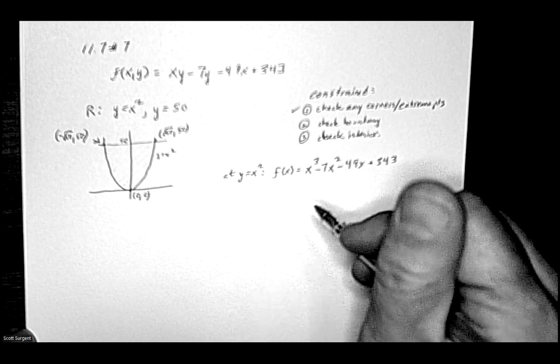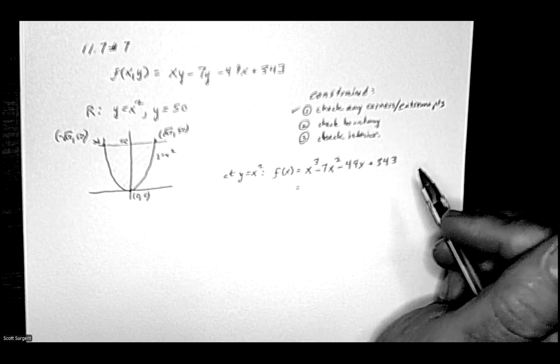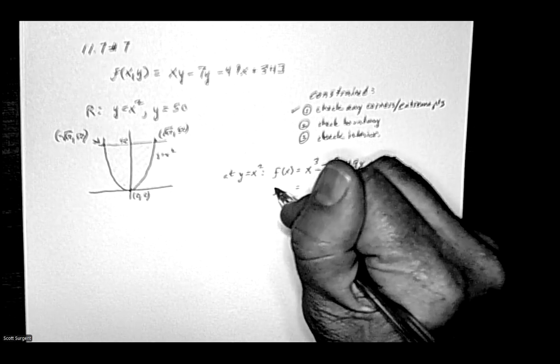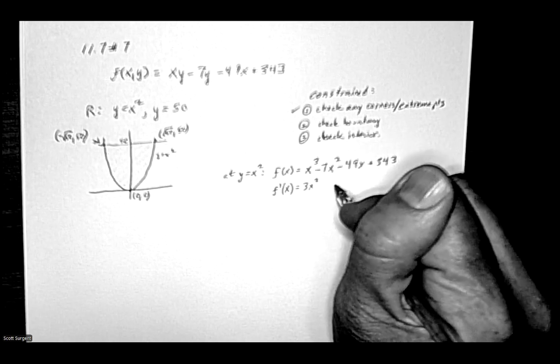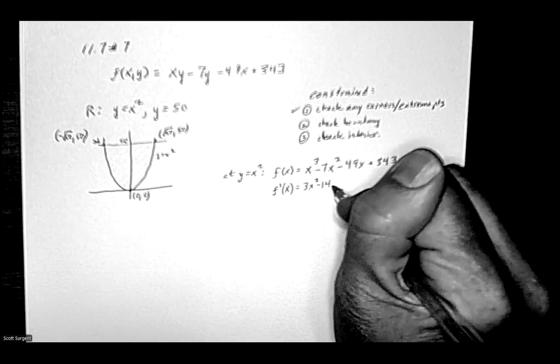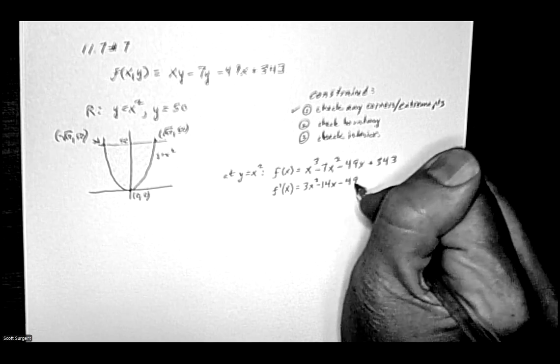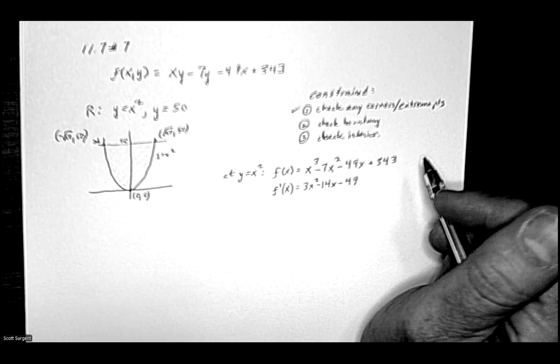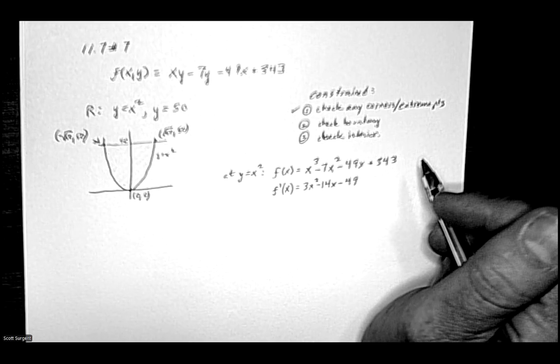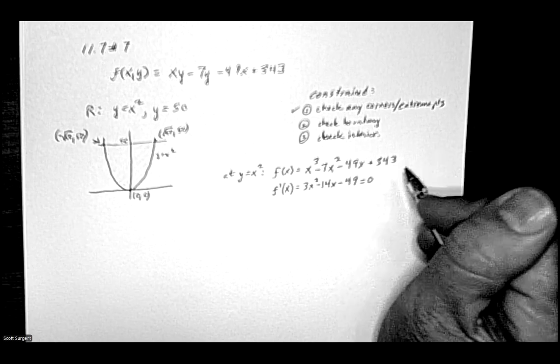It looks like it'll work. I think if I take the derivative, I get 3x squared, take away 14x, take away 49. And then that doesn't look very friendly.